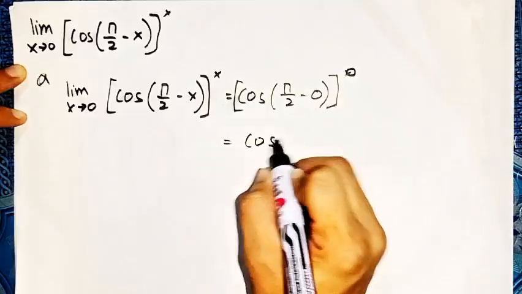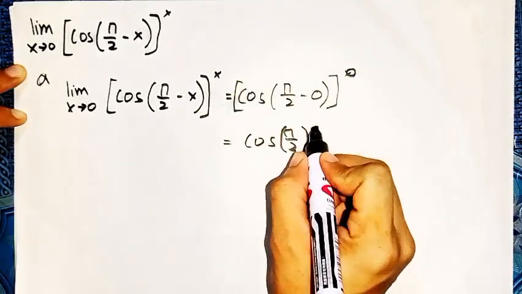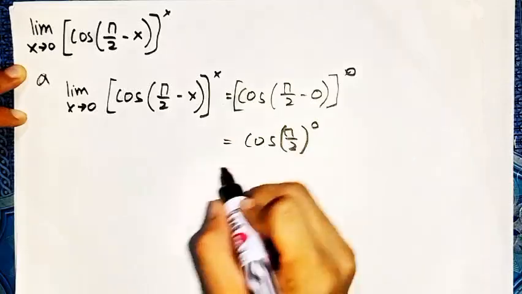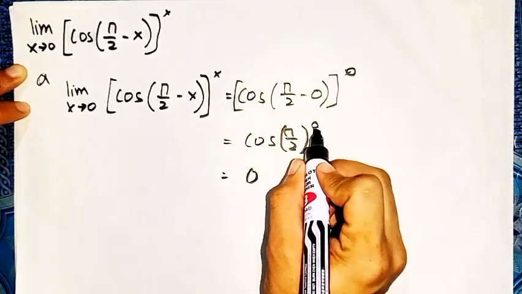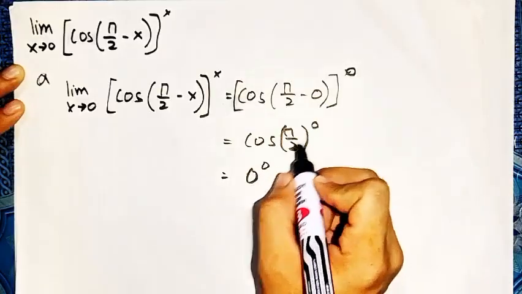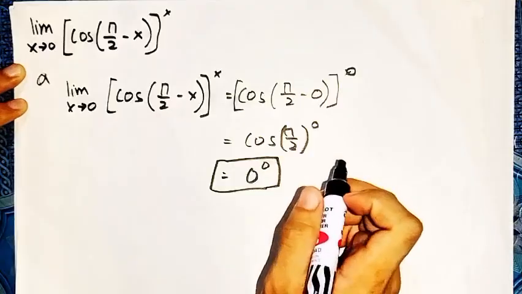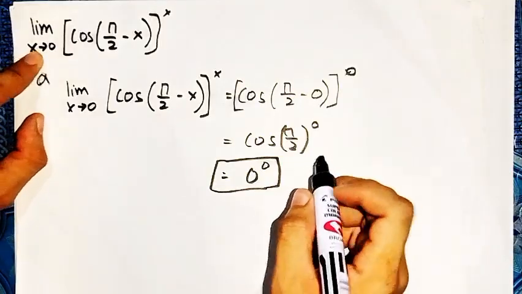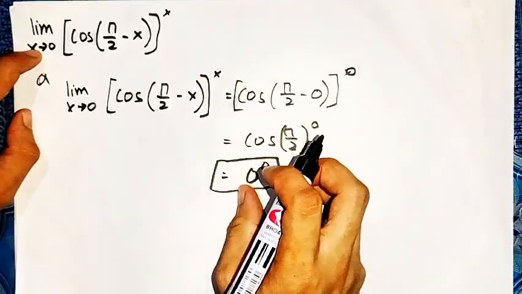So cosine of pi over 2 to the power of 0. Cosine of pi over 2 is 0, and the exponent is 0. So this is the type of indeterminate form we obtain by direct substitution, which is 0 to the power of 0.